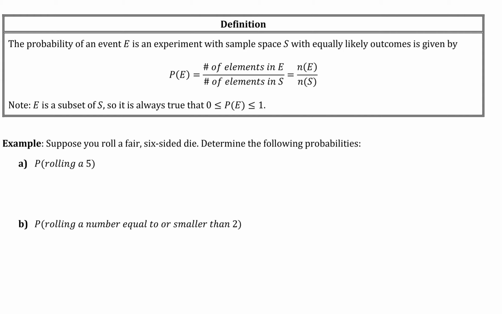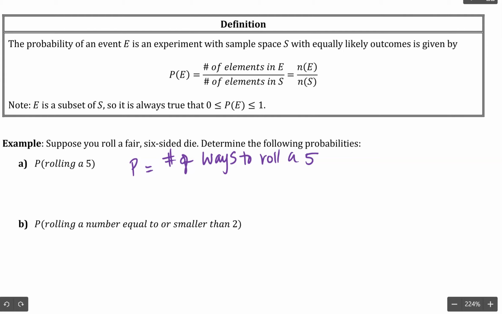Suppose you roll a fair six-sided die. Determine the following probabilities. What's the probability of rolling a 5? Well, that would be the probability is equal to the number of ways to roll a 5 divided by the total possible outcomes.